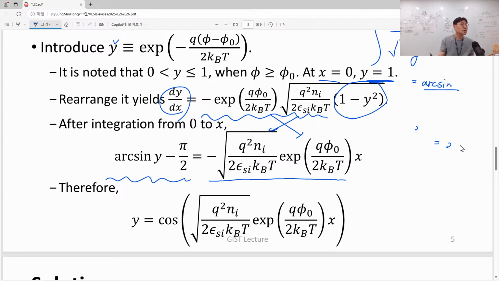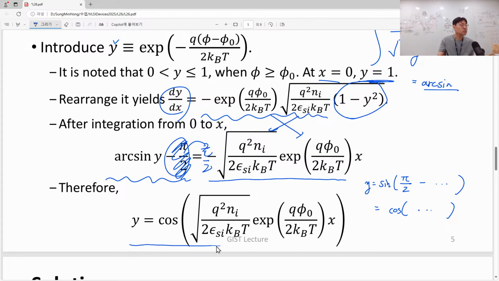So simply speaking, now this one can be moved to the right hand side, and taking the inverse of this arcsine function, we can say that y equals sine of half pi minus the remaining terms, and it can be written as cosine of this input argument.